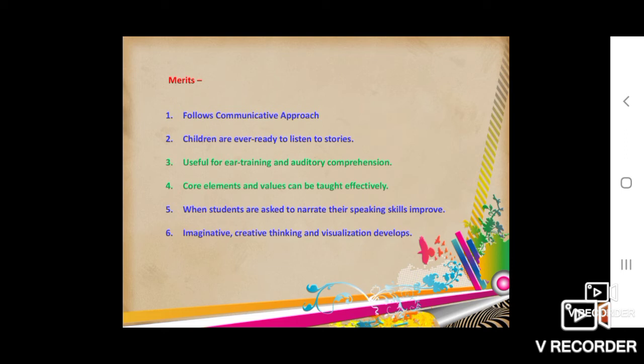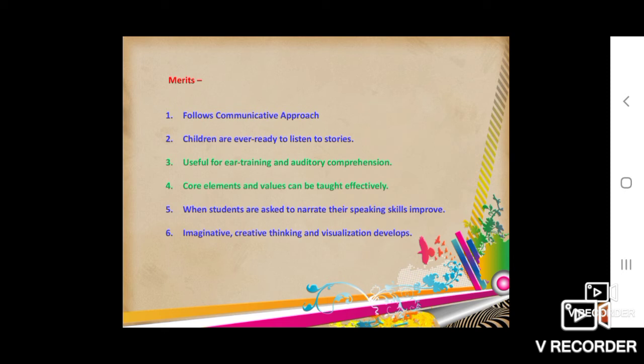Sometimes it is useful for ear training and auditory comprehension. Instead of reading a particular prose or piece of paper, it is ear training or auditory comprehension by listening to the narrator, the storyteller.